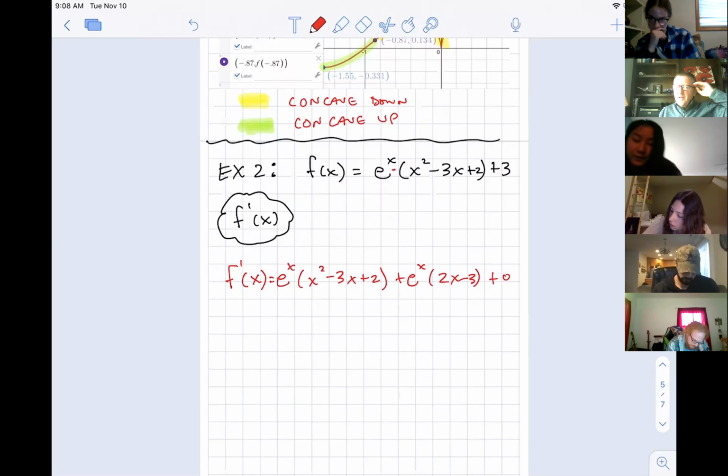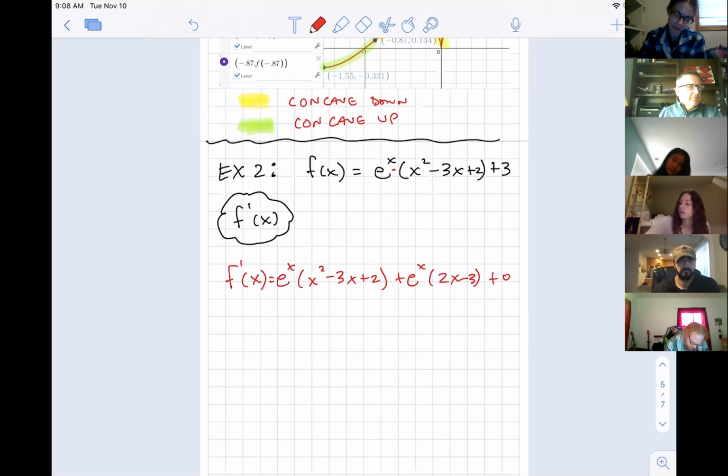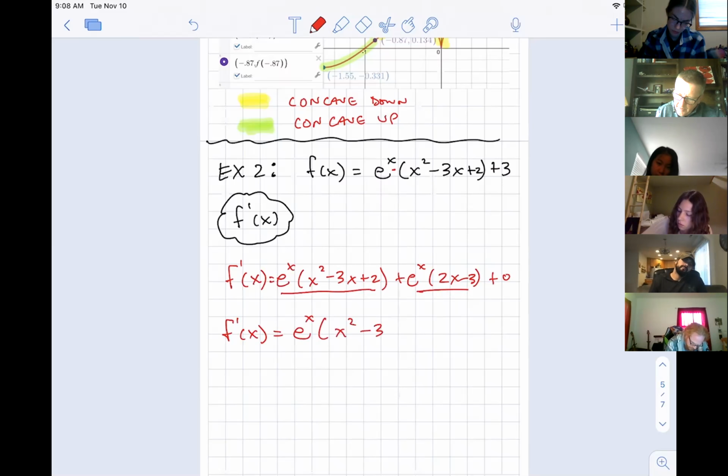So I've got to set this equal to 0. And my process in doing so is going to be greatly improved if I say, hey, look, both of these have an e to the x in them. If I factor e to the x out of this term and out of this term, then I'm left with x squared minus 3x plus 2 plus 2x minus 3.